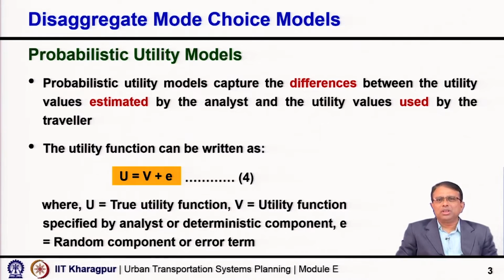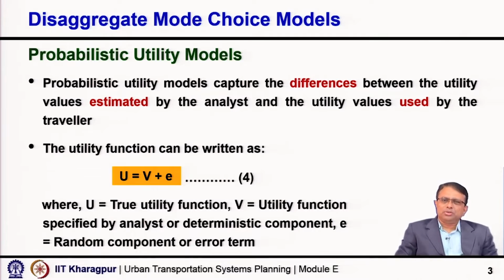If I had considered that in my utility equation, I would probably have been able to predict the choice correctly. So, one is the actual utility which is perceived by the traveler, and which is actually influencing his or her choice decision. The other is the utility that, as a modeler, I am taking in my model.